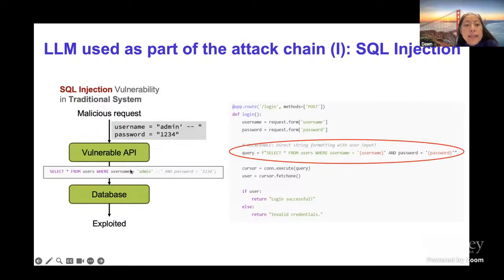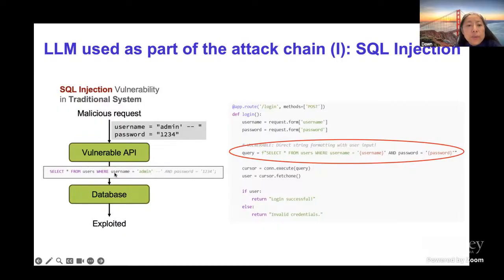Here is an example: the malicious user sends this maliciously constructed username as the input, and this is the password. This is sent through the vulnerable API, which constructs this SQL query.